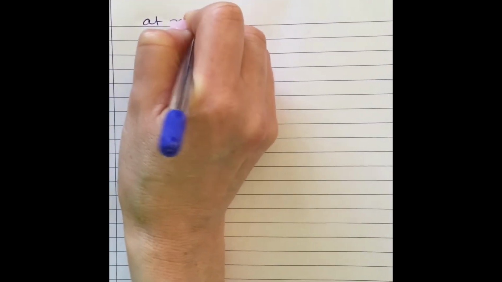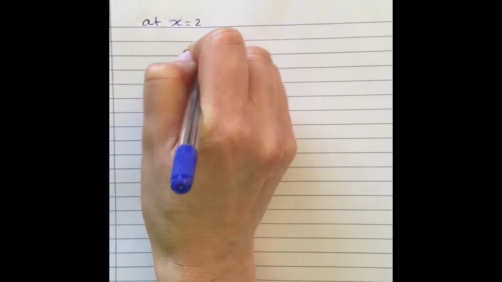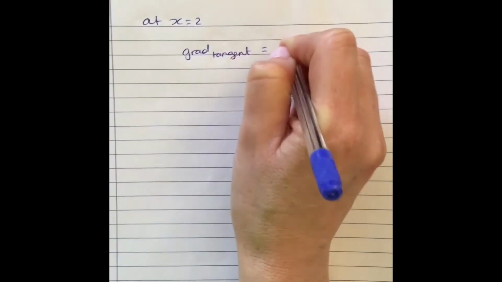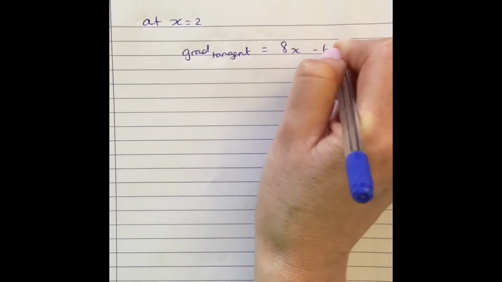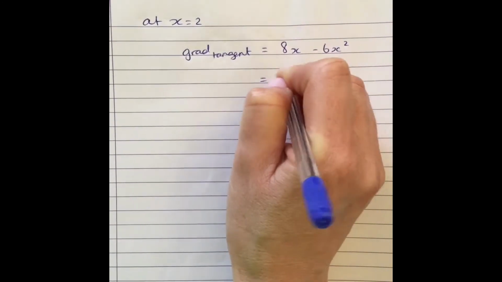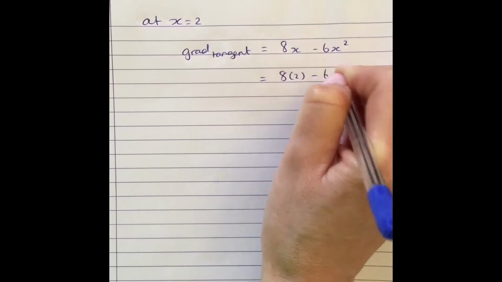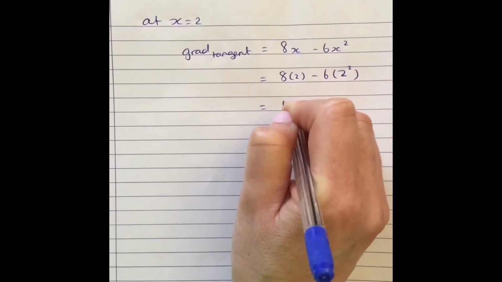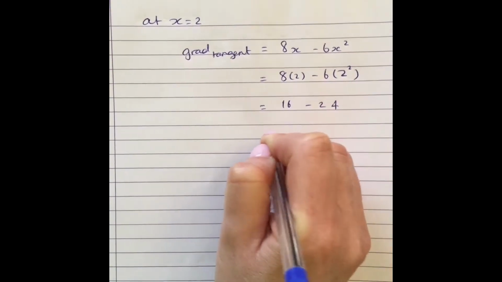At x equals 2, if I put in 2, then I can find the value of the gradient of the tangent, and I get it to be minus 8.